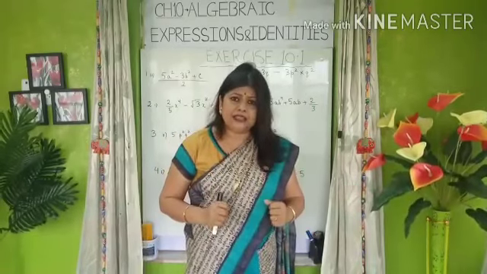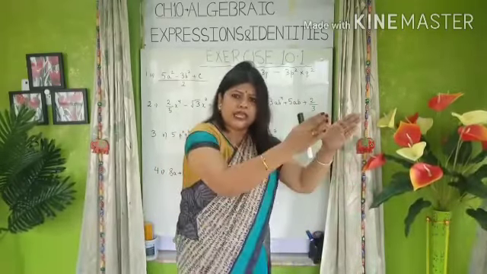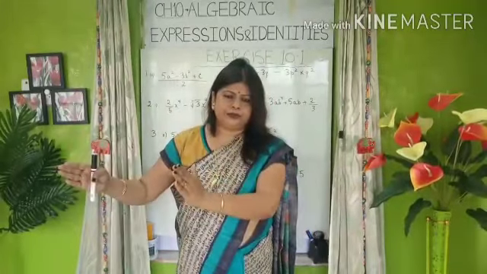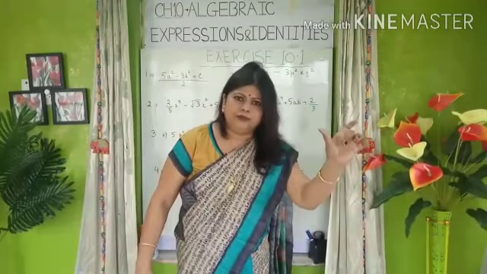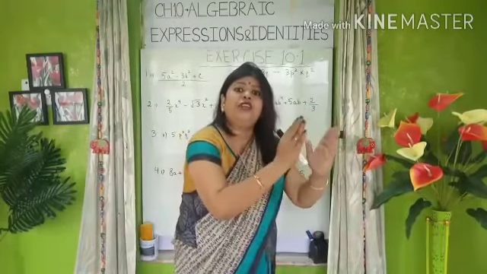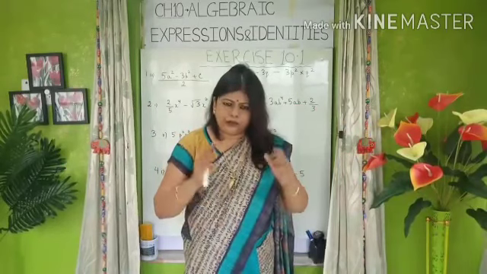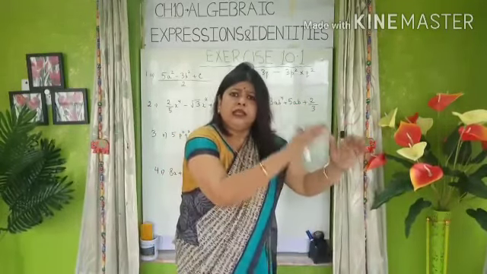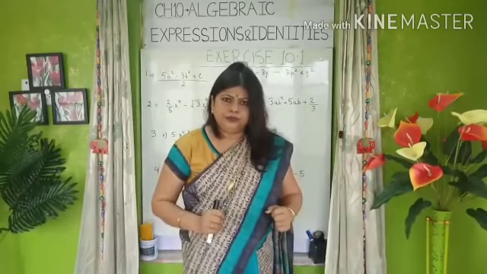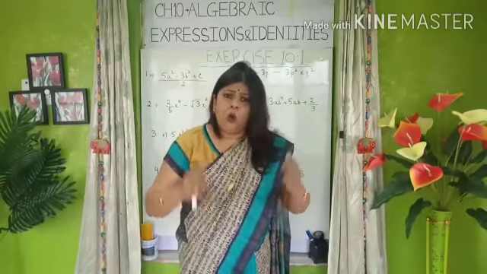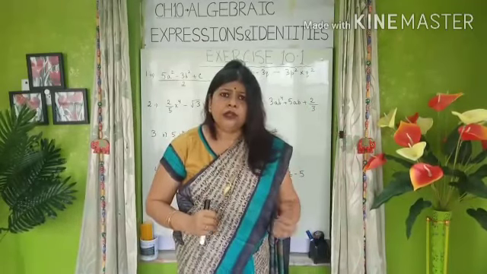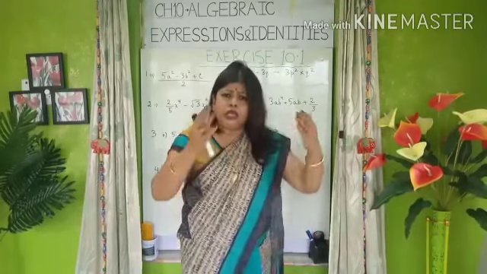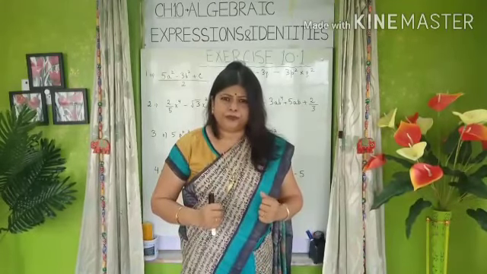How to find the degree in this case? You will divide the terms, and for every term, you will find the sum of the powers. I repeat, for every term, you will find the sum of the powers. And then, what is the degree of the polynomial? The highest sum. As we solve questions on this, you will understand it in a better way.